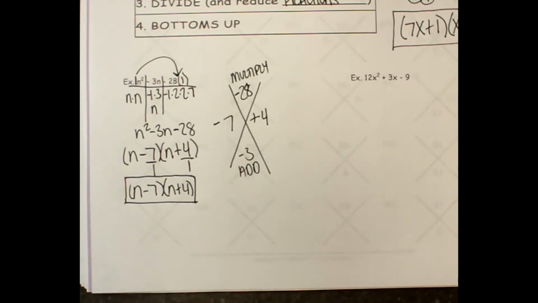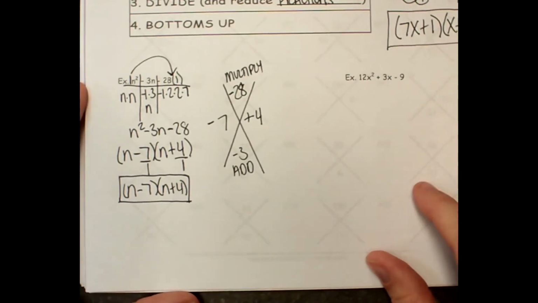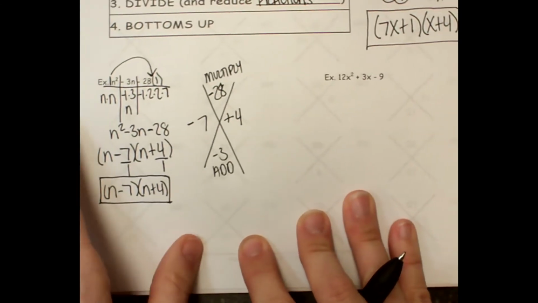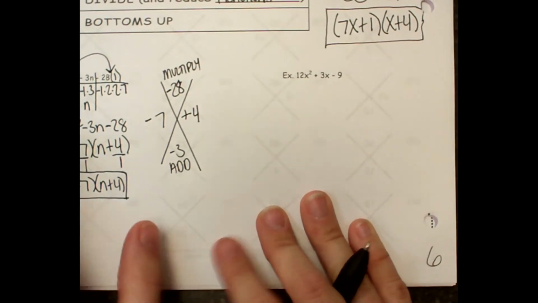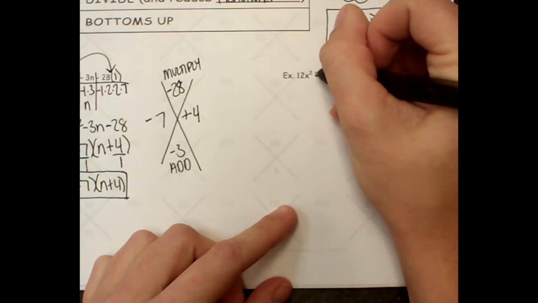Follow your steps. Okay, so our last example, 12x squared plus 3x minus 9. Step 1, check for our GCF.